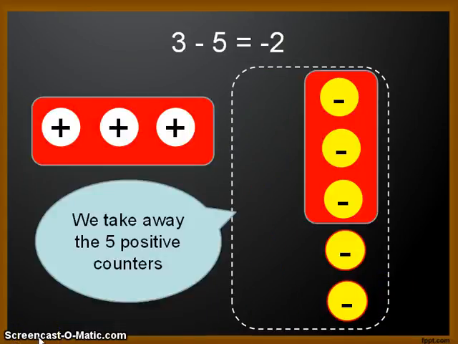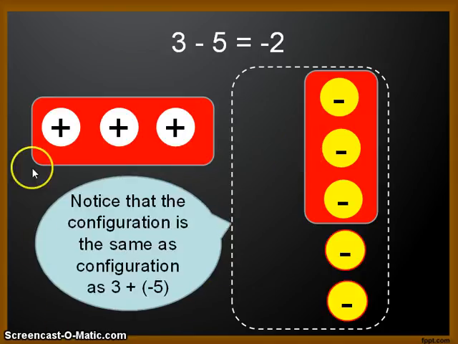Then you have to take away the 5 positive chips, and the remaining chips will be the 3 positives and the 5 negatives. As you can see, with these chips, the configuration is the same as positive 3 plus negative 5.